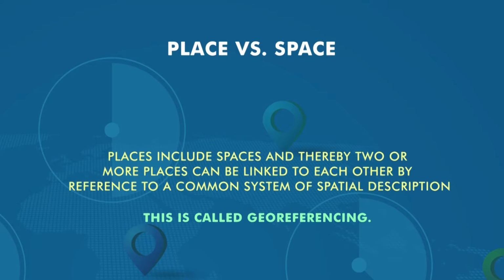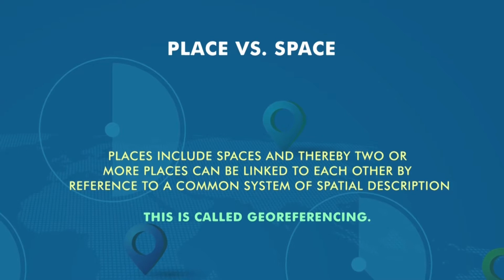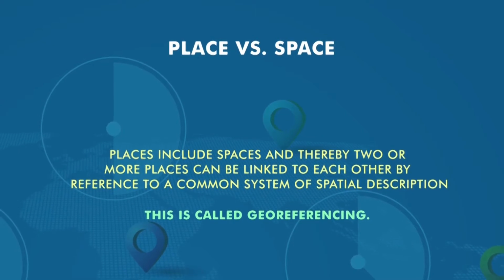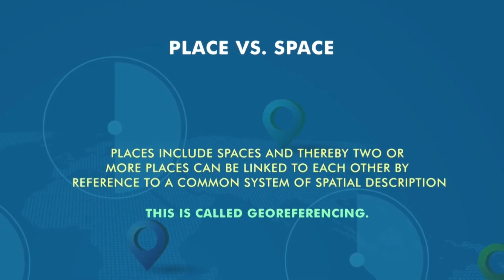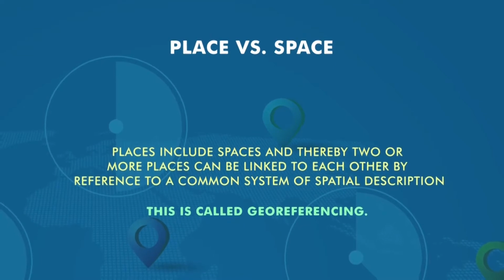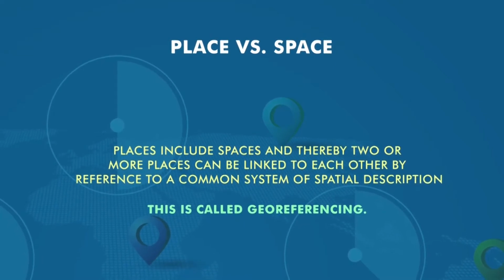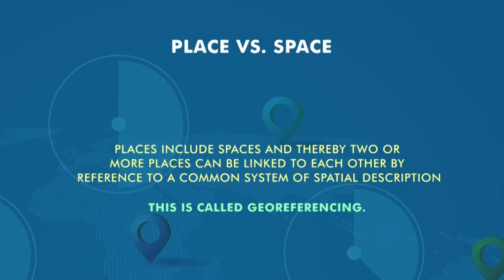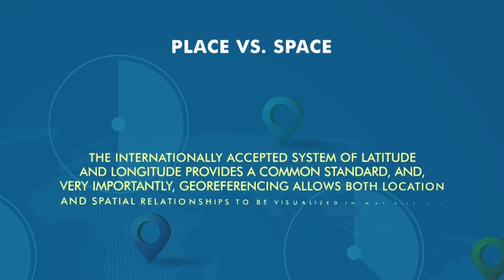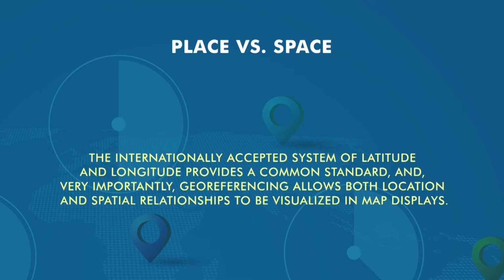A single set of longitude and latitude will indicate a particular point inside the space, whereas a boundary like westernmost, easternmost, northernmost and southernmost will give us an area. So, this is an internationally accepted system of latitude and longitude.